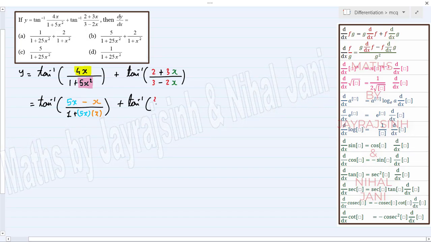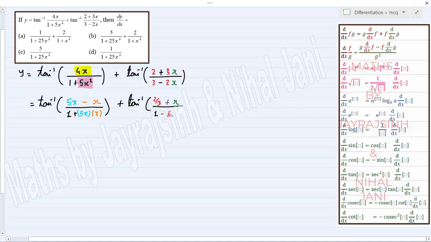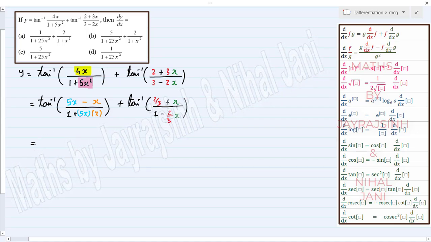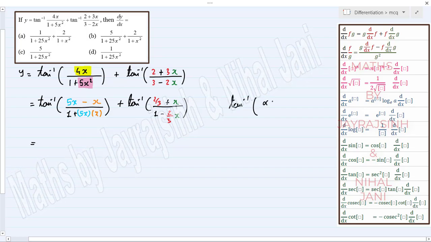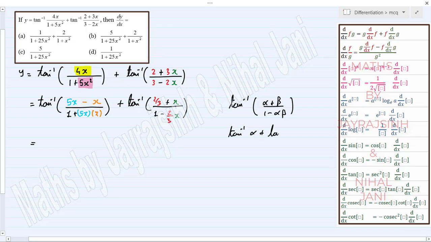So we will get 2 by 3 plus x upon 1 minus 2 by 3 into x. So in both terms, we have tan inverse of alpha plus beta upon 1 minus alpha beta, which can be simplified into tan inverse alpha plus tan inverse beta.